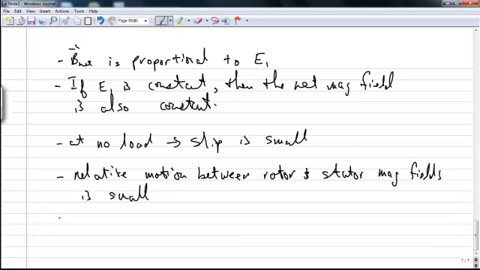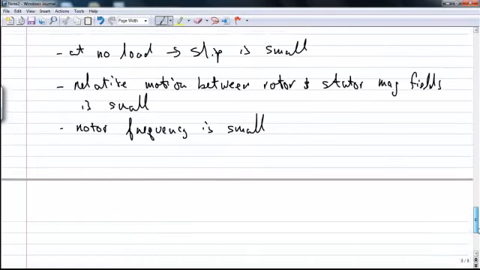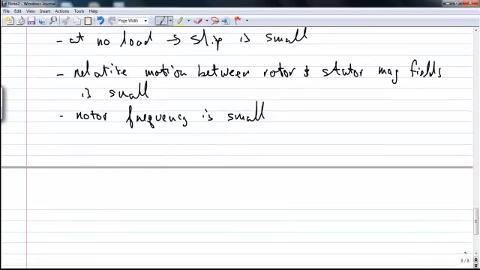For that reason, we know that the rotor frequency is small. And due to this low frequency, the reactance of the rotor is also small.